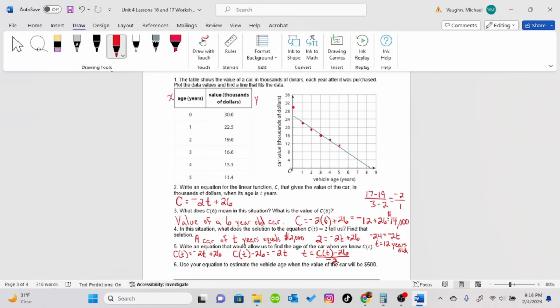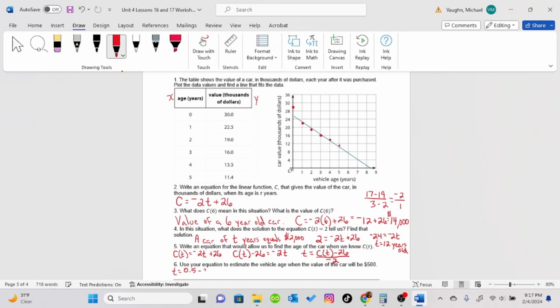Number 6. Use your equation to estimate the vehicle age when the value of the car will be $500. So we say t equals, because c is measured in thousands of dollars, $500 would be represented as 0.5.